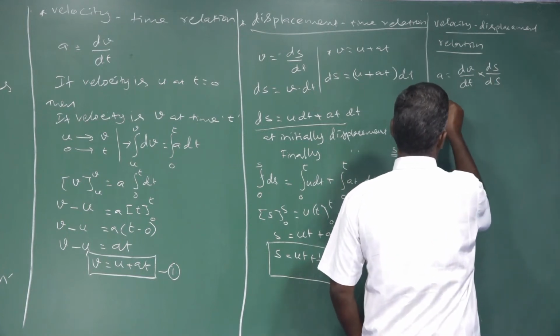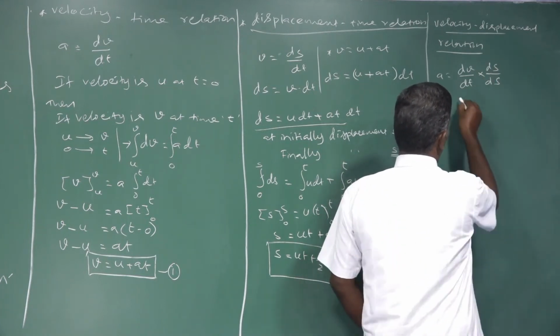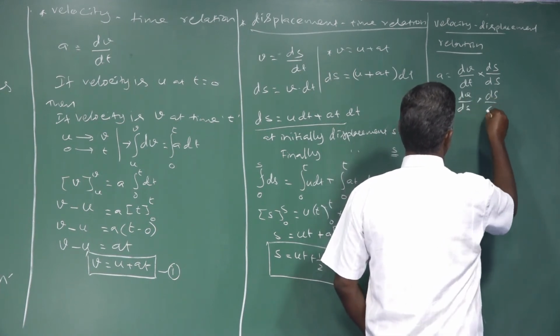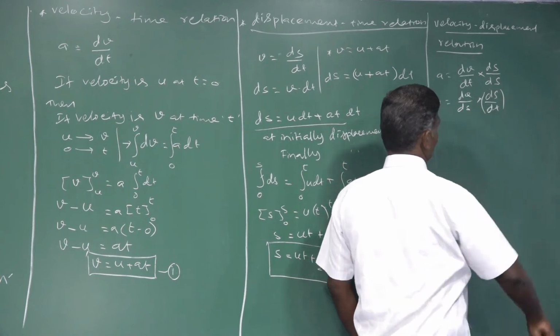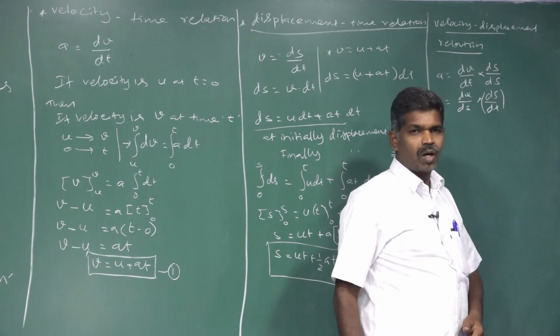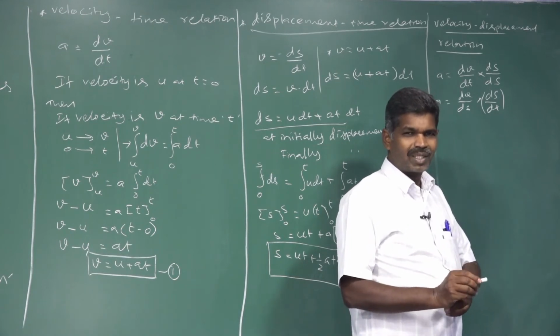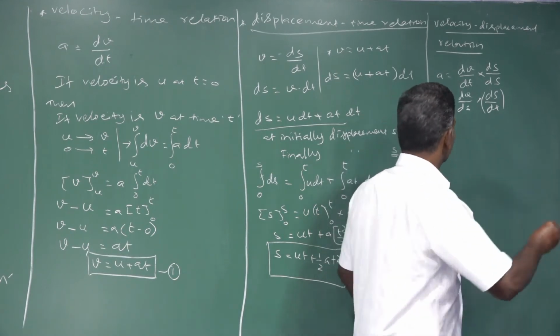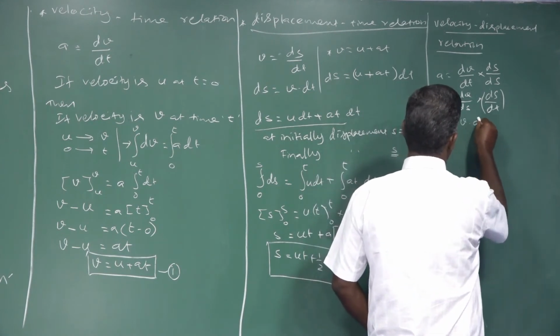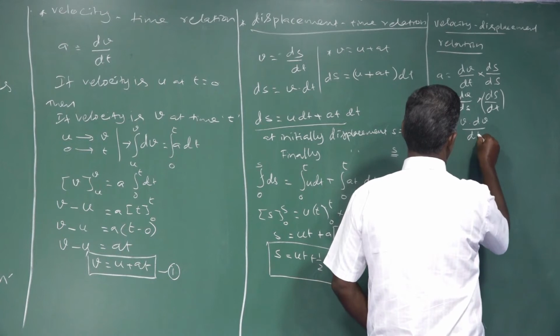Rearranging, dv by ds into ds by dt. We know that ds by dt is the first derivative of displacement with respect to time, which is velocity. So a is equal to v dv by ds.